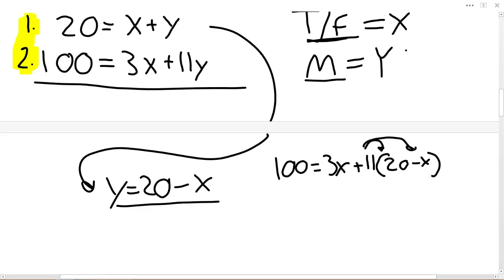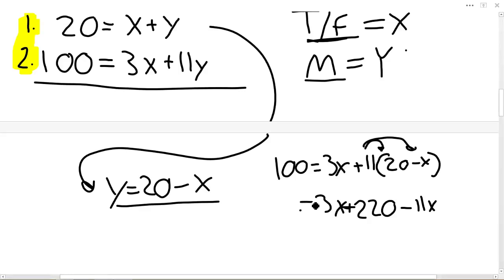So let's distribute this 11. If we distribute this 11, we should get something like 220, I believe so. And then let's distribute this 11 to the negative x, comes negative 11x. Right, and let's bring down the 3x. Okay, so we rewrote our equation.